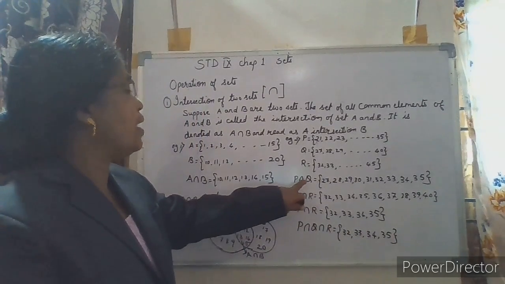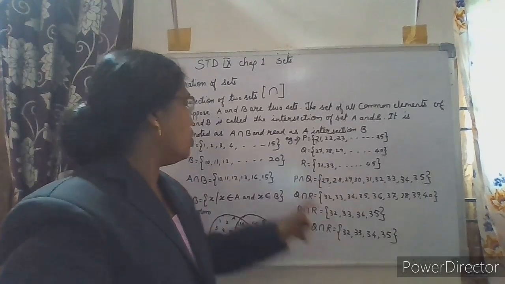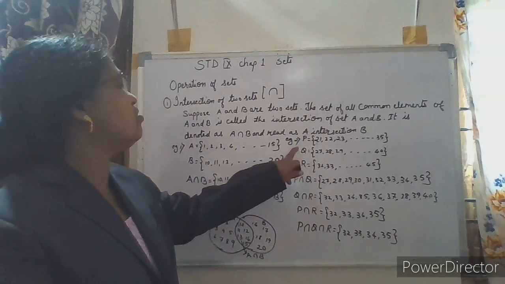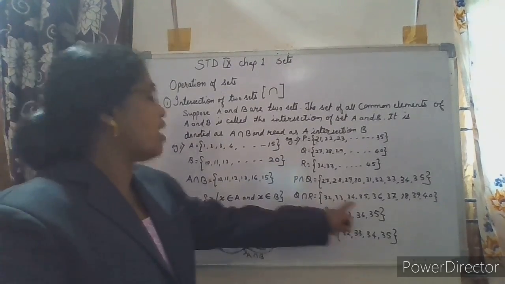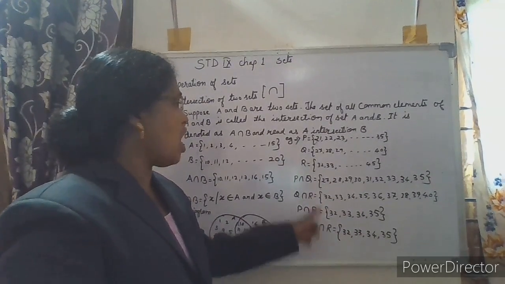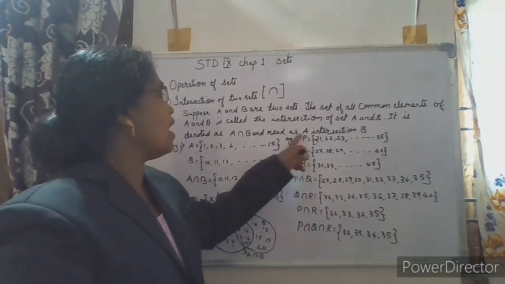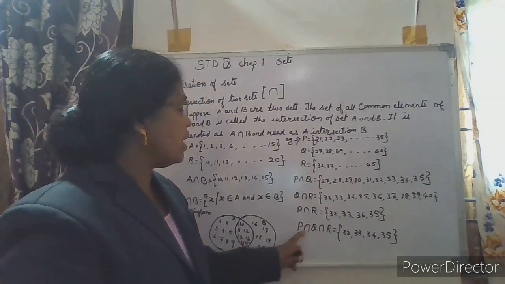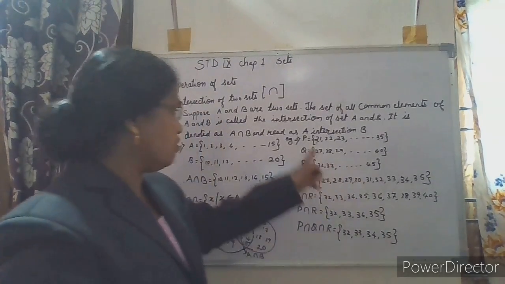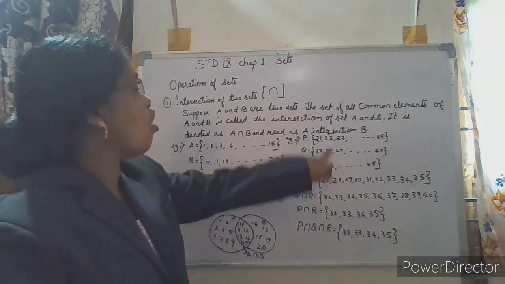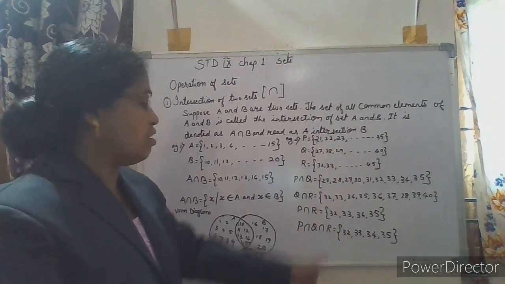This is P intersection Q is the common elements of set P and Q. Q intersection R means it is common elements in set Q and R. P intersection R is the common elements of set P and R. And P intersection Q intersection R is containing elements common to all the three sets.